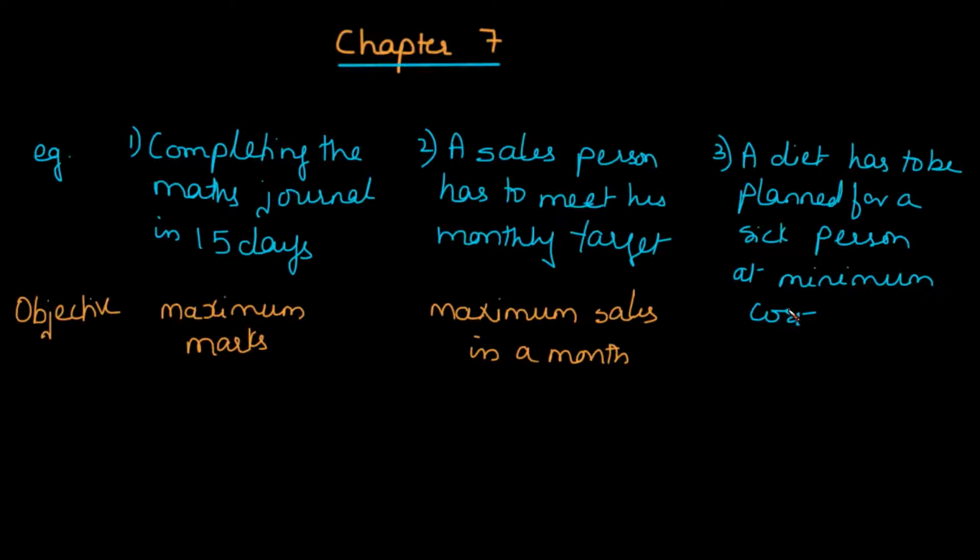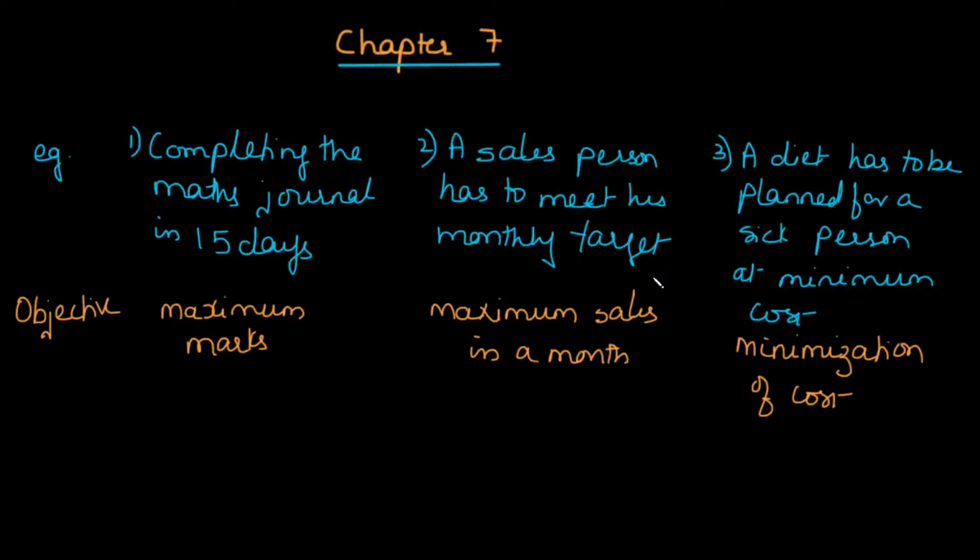And in the third case, where a diet has to be planned, the diet has to be within the budget. So minimizing the cost is the main objective, so that we get a diet within the budget. These are called the objectives of the problems which we might face.